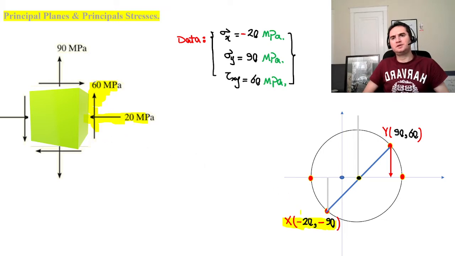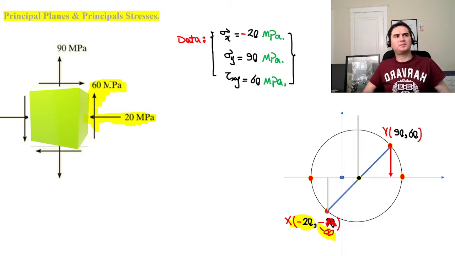That's a negative 20, a push of 20, a compressive stress of 20 megapascal, and a negative 60, which is counterclockwise, which brings the point below the x-axis.